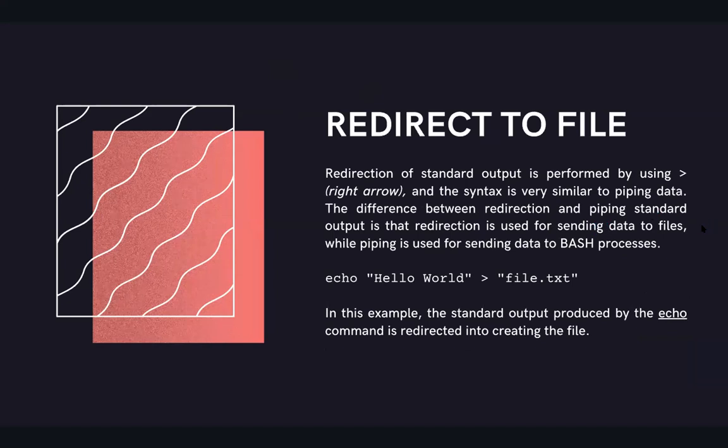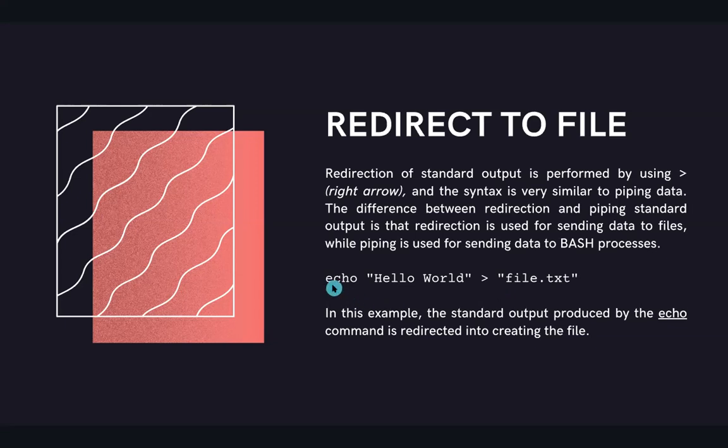And similar to the pipe, this is another redirection tool that you can use. Instead of the vertical line, you want to use the right arrow. Instead of directing to a process, this is directing to a file. So you want to specify the file name after the right arrow symbol in the command.